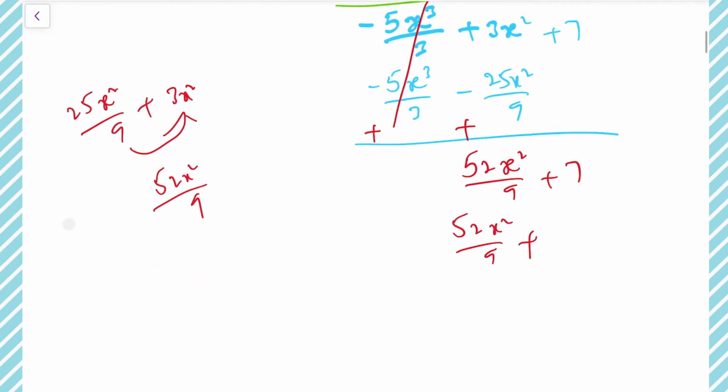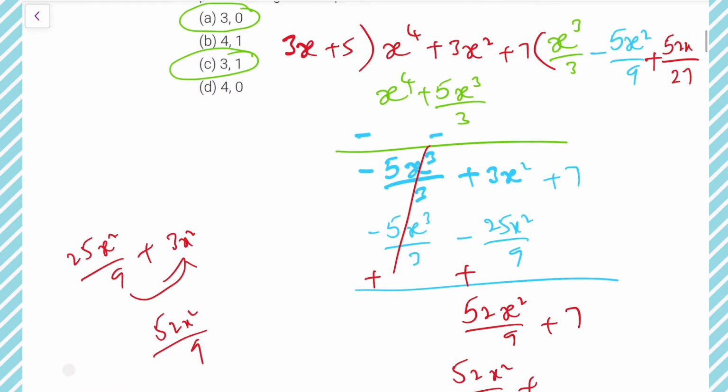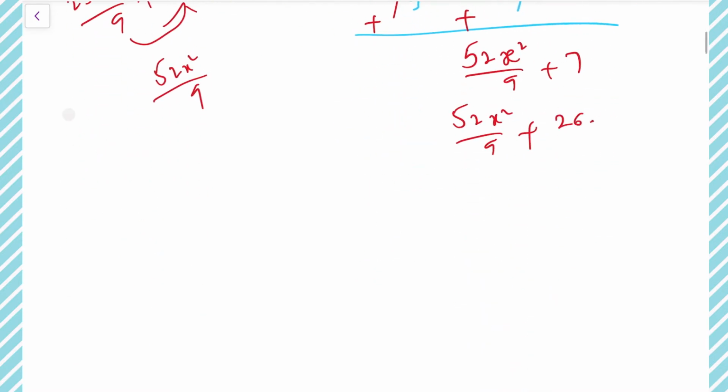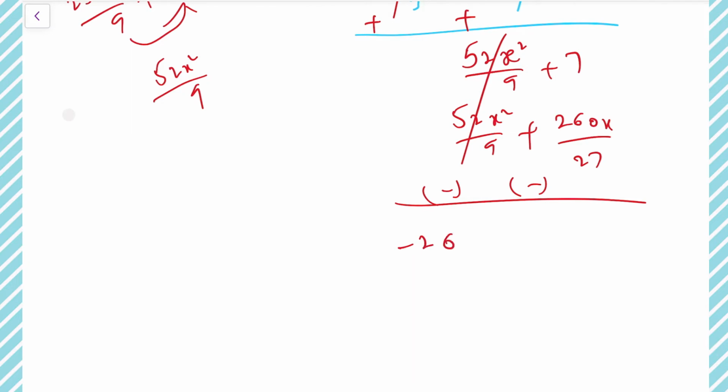Then 52x square divided by 9 plus 5 times 52x by 27. 5 2s are 10, 0 and 1 carry. 5 5s are 25, 26. So 260x by 27. 260x divided by 27. This will become minus, this will become minus, these two cancel, then we remain with minus 260x divided by 27 plus 7.